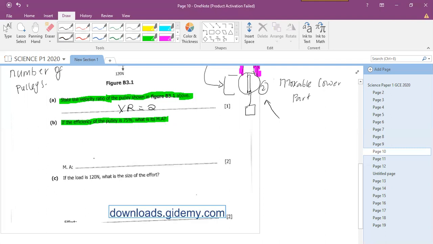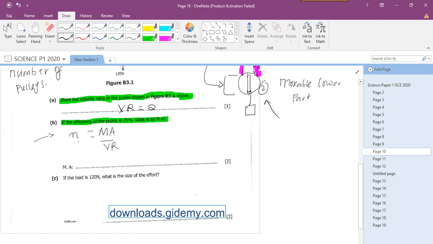So as usual, there's a formula which states efficiency, denoted by this fancy looking small letter n, is equivalent to mechanical advantage over the velocity ratio. So this is the formula that we're supposed to use. Given this formula, all we have to do is make mechanical advantage the subject of the formula.